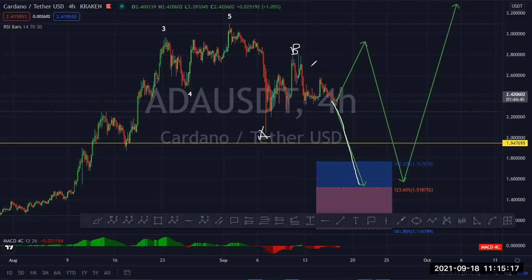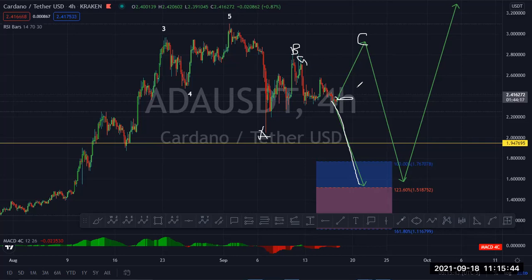Secondly, this is with A, with B, with C. So in corrective, whenever market is correcting, you may not be able to tell.